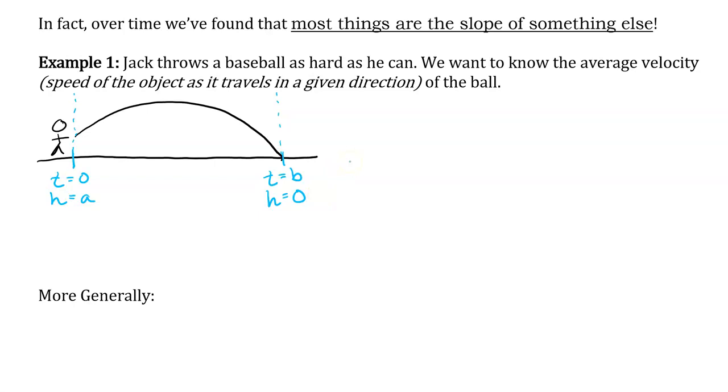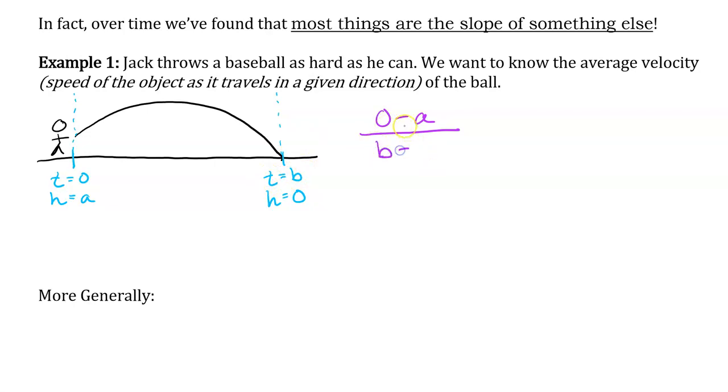So let's figure out the slope of this idea here. If we have the average slope of height versus time, where it lands would be my y2, and where it starts would be y1, so y2 minus y1 over x2 minus x1, and time is always x.